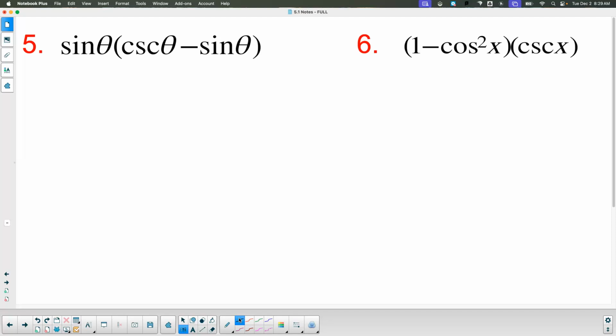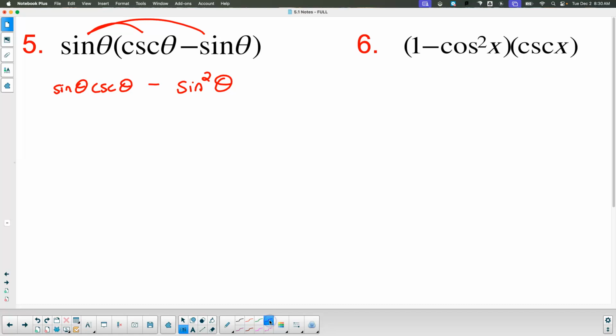You could simplify what's inside the parentheses first. All depending on whatever you want to do. I'm going to distribute the sine first, because then I get sine of theta cosecant of theta minus sine squared of theta.